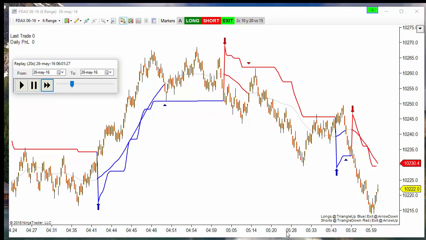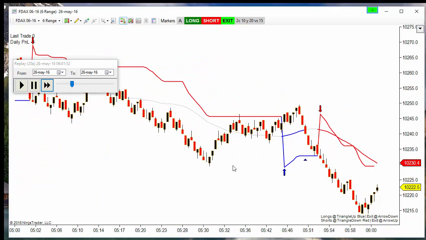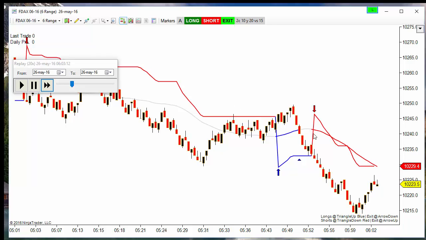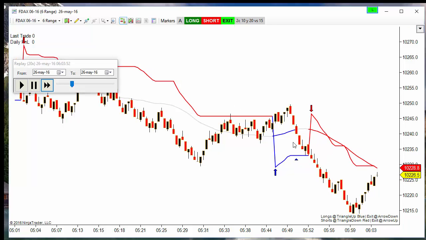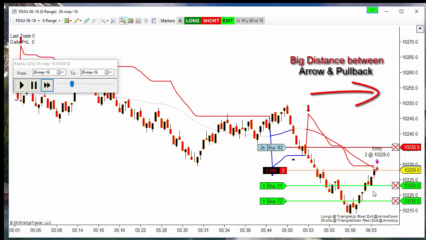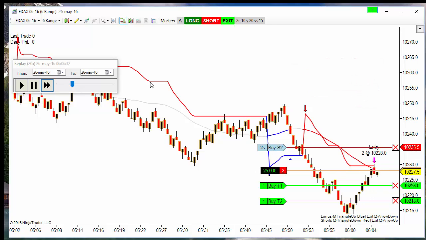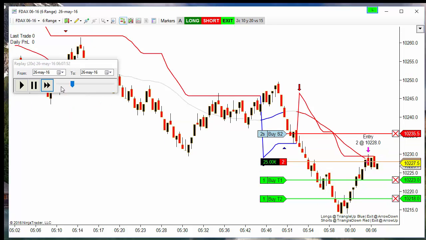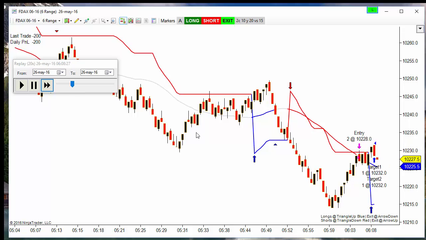We are waiting for the red line. This is a pullback line. This is an example where the trend change entry worked very well, and we are very late on the pullback entry, so usually this never works fine on the pullback mode. Target filled. And it was a loser.